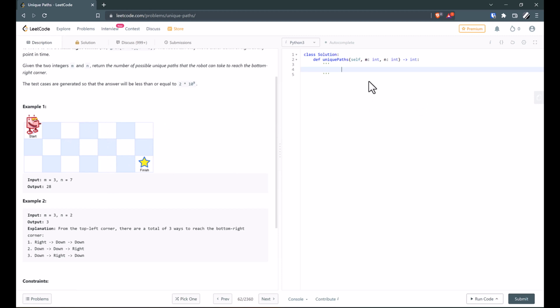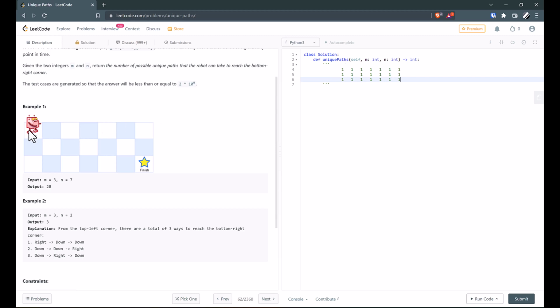So let's say we have a grid of 3 cross 7, and let's fill this thing as well so that it would be easier for us to calculate.